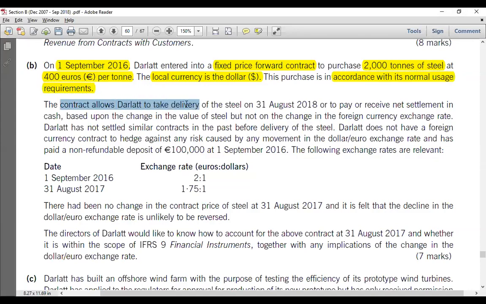The contract allows Darlet to take delivery of the steel on 31st August 2008 or to pay or receive net settlement in cash. So we have an option to either take delivery or settle in cash. So we need to check what our intention is, based upon the changes in the value of steel, but not the change in the value of the foreign exchange rate.